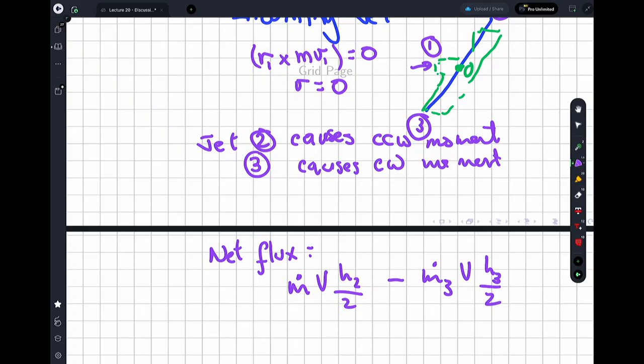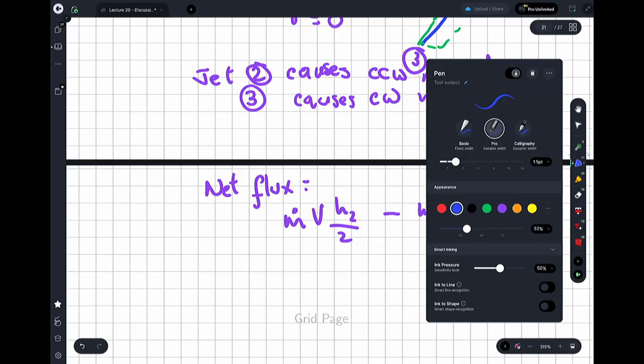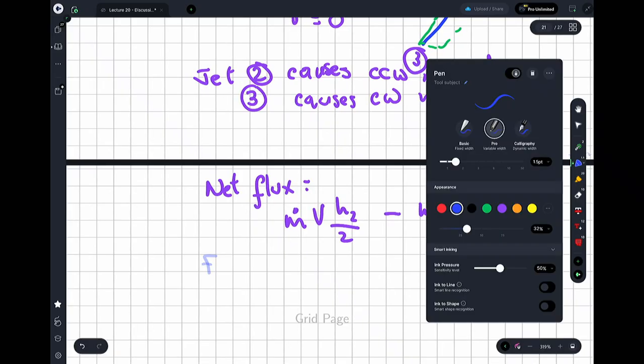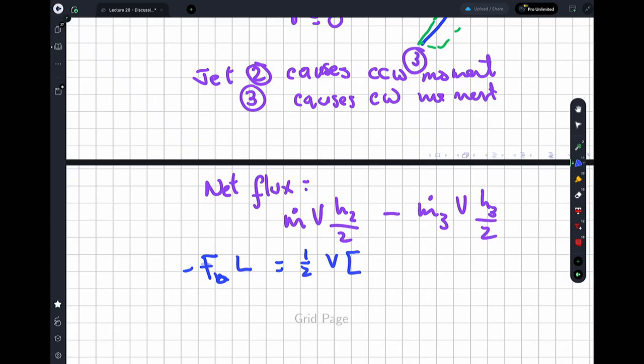So you have a net flux on the right-hand side of your equation, and you can say that force normal times L is equal to 1/2 V times m dot 2 H2 minus m dot 3 H3.